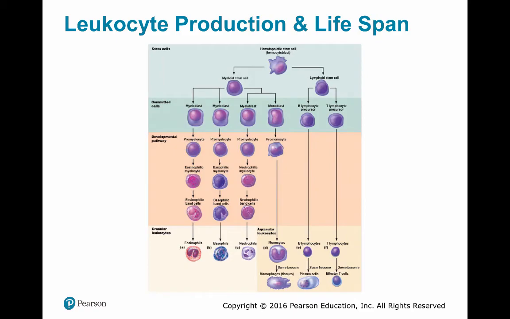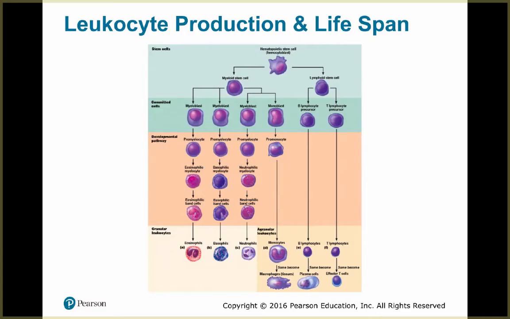So let's look at the production here of leukocytes. So if you notice, we have this hematopoietic stem cell here, this hemocytoblast, and this guy, as you can see, has the nucleus and it's dividing. And so as it divides, it's either going to become a myeloid cell or a lymph node stem cell.